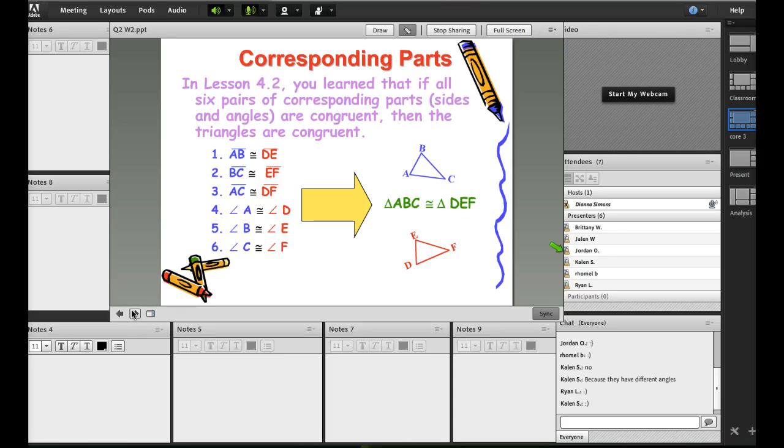Okay, so corresponding parts were not in 4-2, but you learned that if all 6 pairs of the corresponding parts, sides and angles, are congruent, then the triangles are congruent.